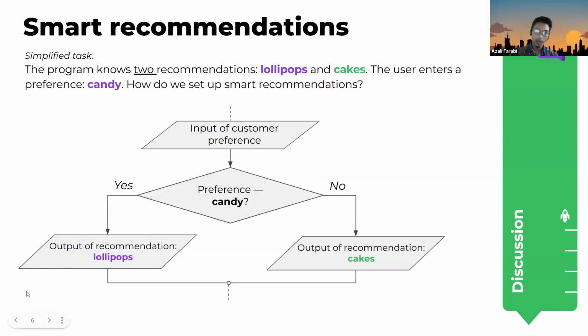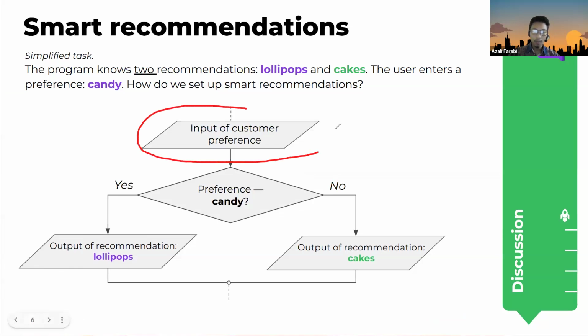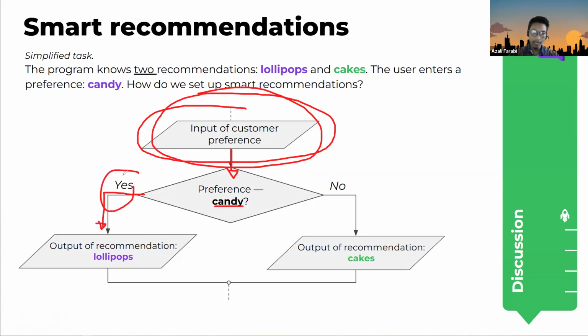I'm going to use the input function here. Later, if Brian enters, let's say, candy, it will validate this condition. If it's candy, yes, I will recommend Brian to eat a lollipop. But if it's not candy, I will recommend Brian to eat cakes or something else.